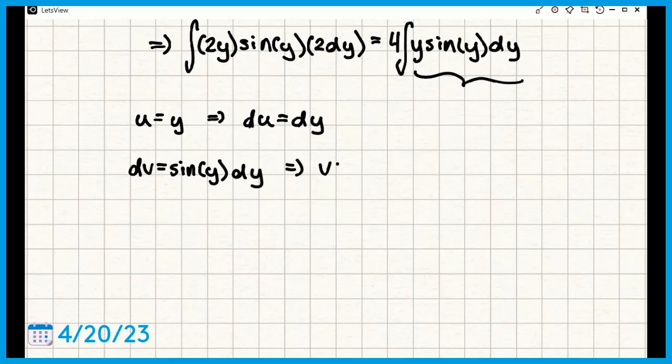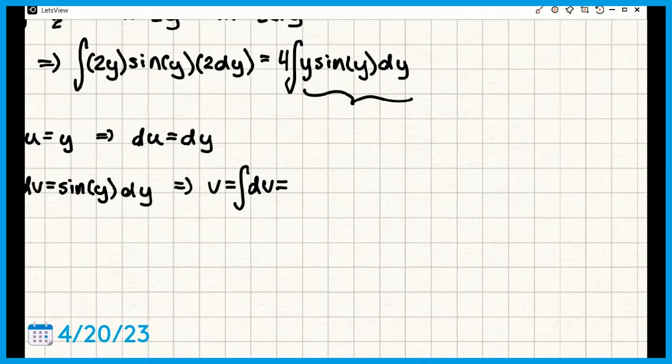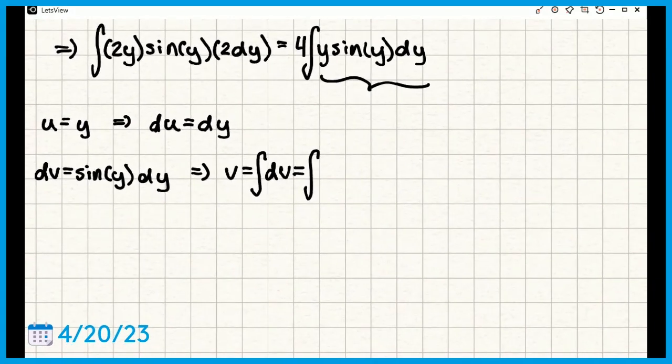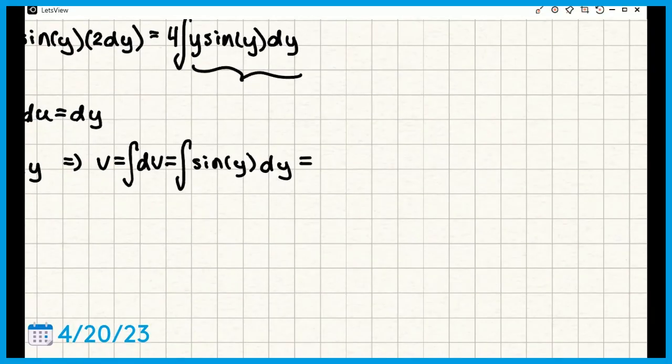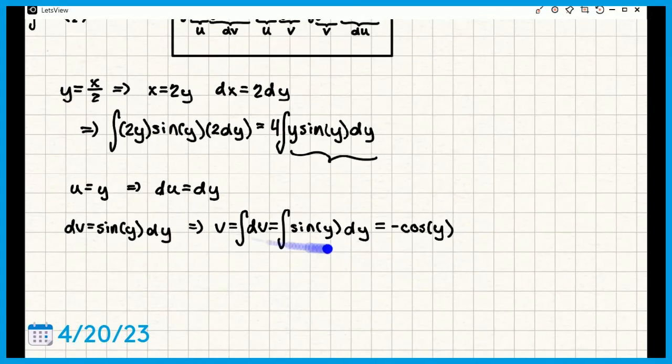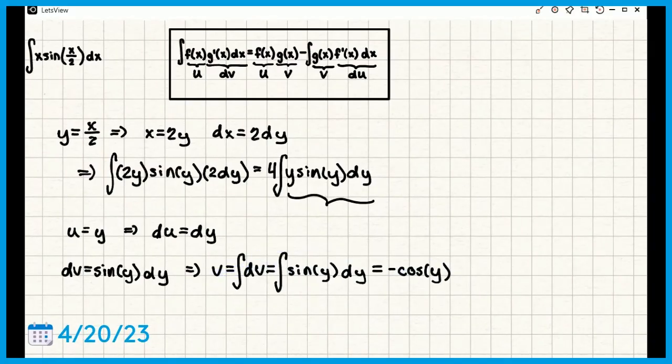And then consequently, v being equal to the integral over all the dv's, we get v is equal to the integral of sine y dy, which is equal to negative cosine of y plus an arbitrary constant.